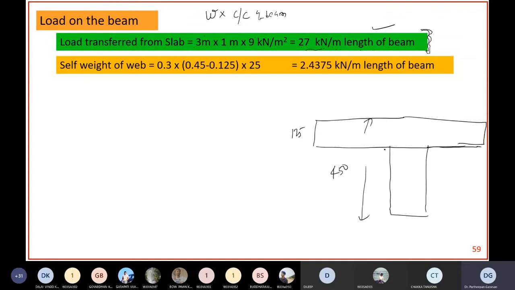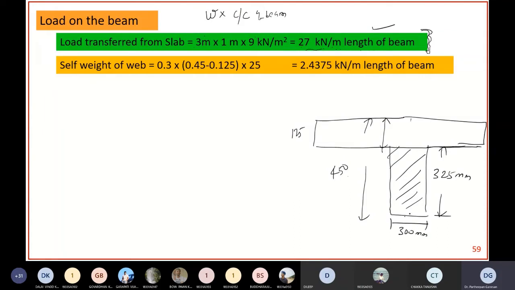So what is the height of the web portion? It is the overall depth 450 minus 125, where 125 is the slab thickness. 450 minus 125 is 325 mm. And the width of the web is 300 mm, we assume.